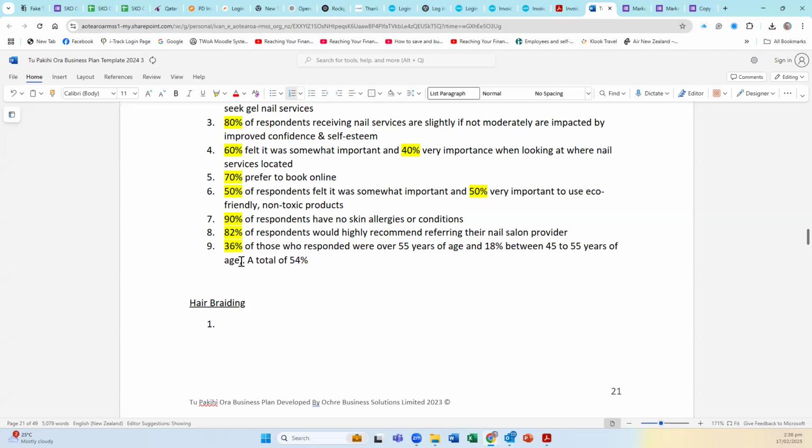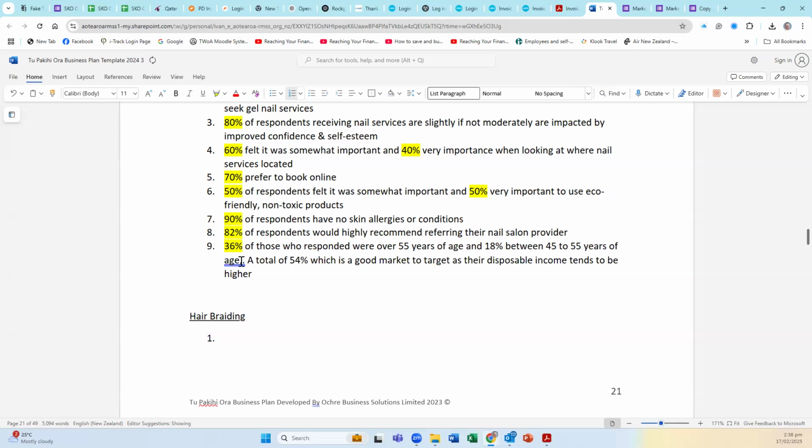Which is a good market to target, as their disposable income tends to be higher. In other words, they've got more money.